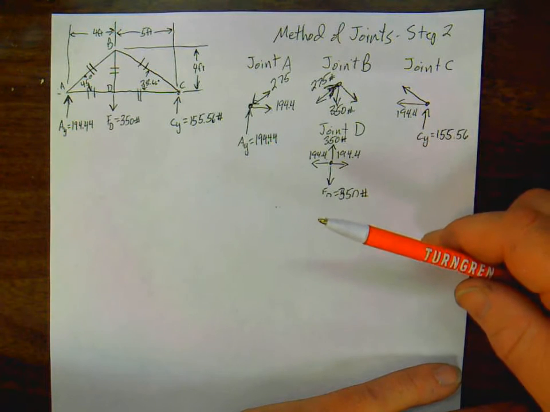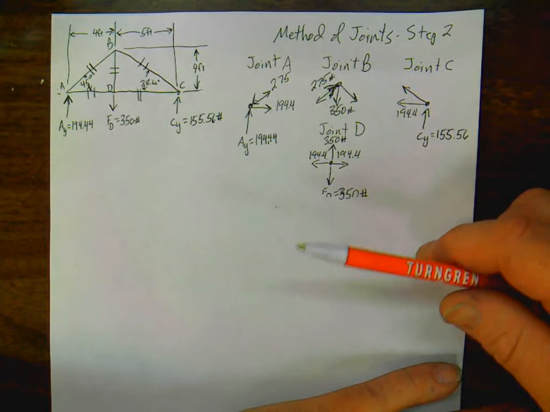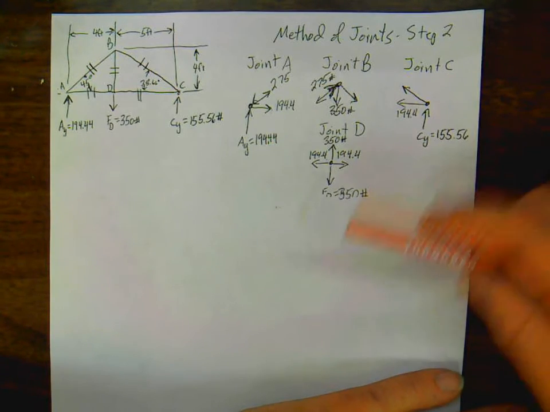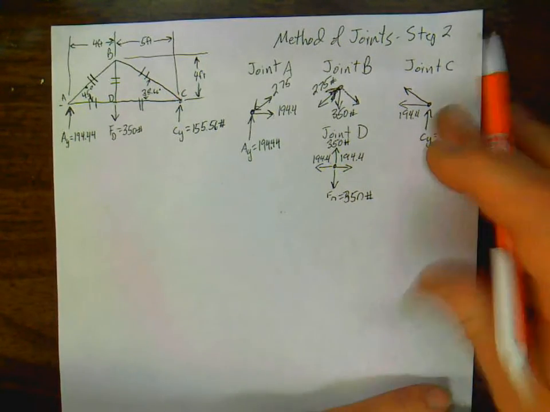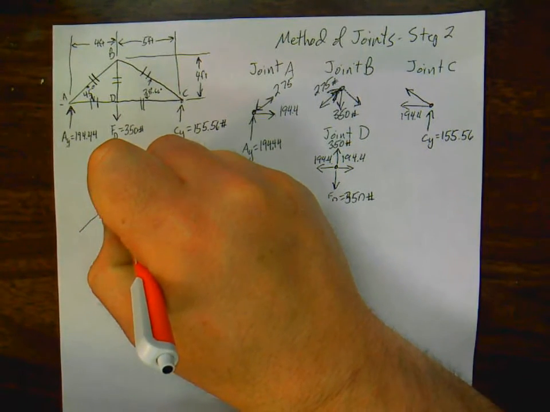So first off, we're going to start with the simplest one to solve, which will probably in this case be joint A. So I'll come back over here and I will redraw joint A.